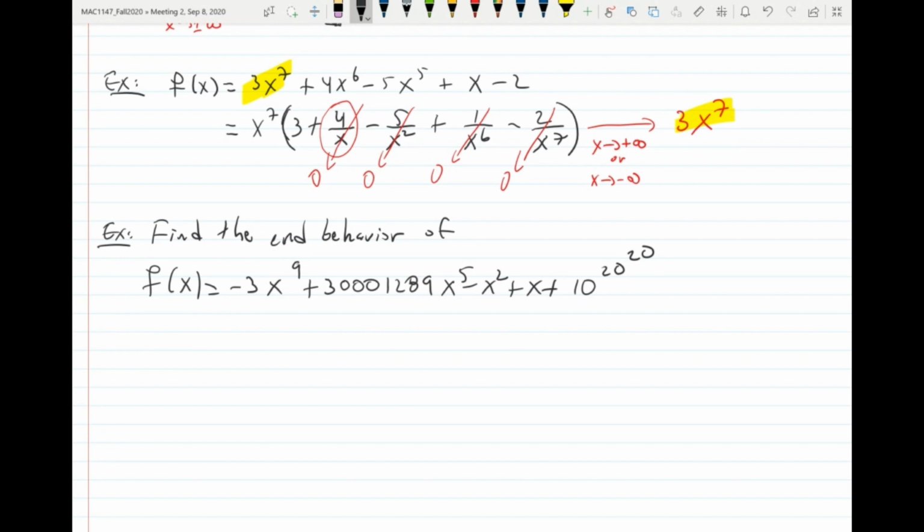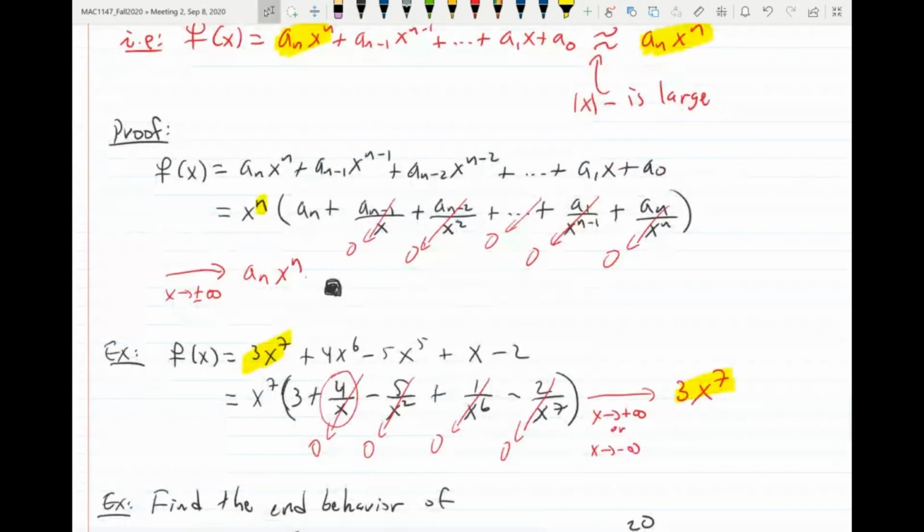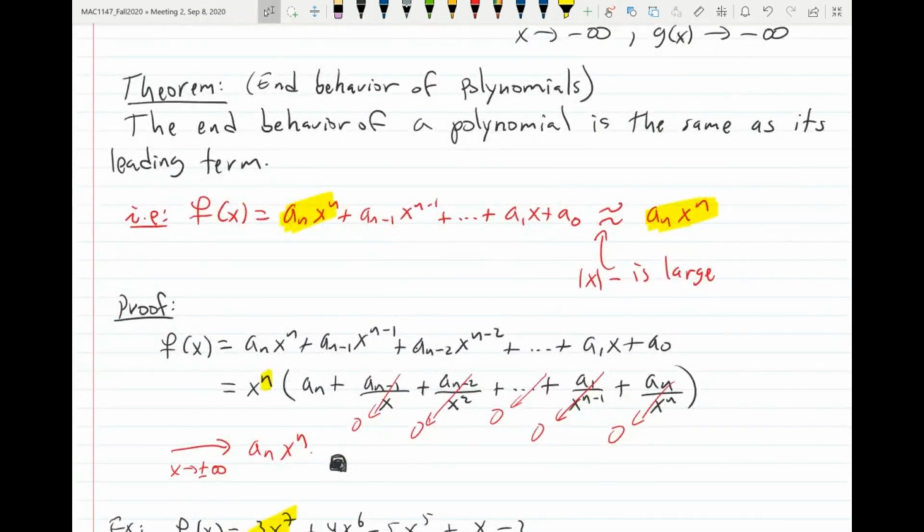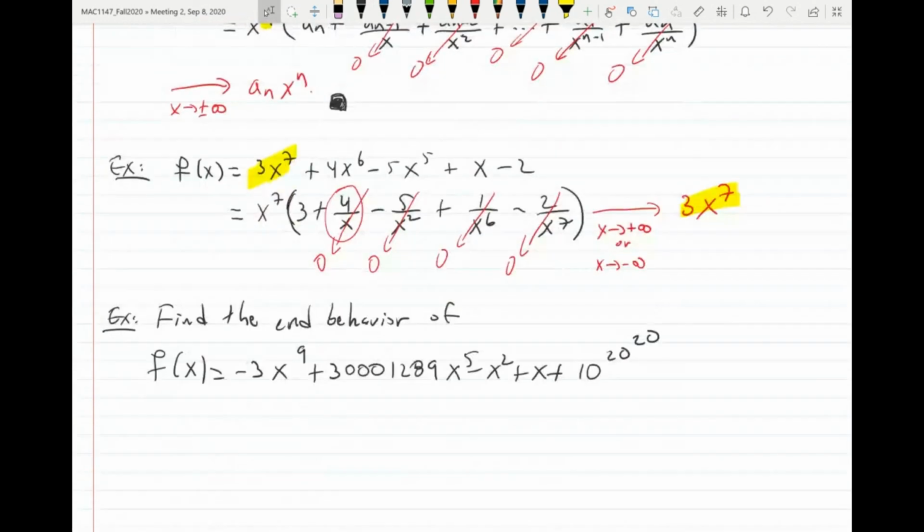Remember, what does the theorem say? What term is the one that determines the end behavior of the function? It's the leading term. What's the leading term for this polynomial? The leading term is negative 3 times x to the 9. Very good. So this guy right here is the one that determines everything.